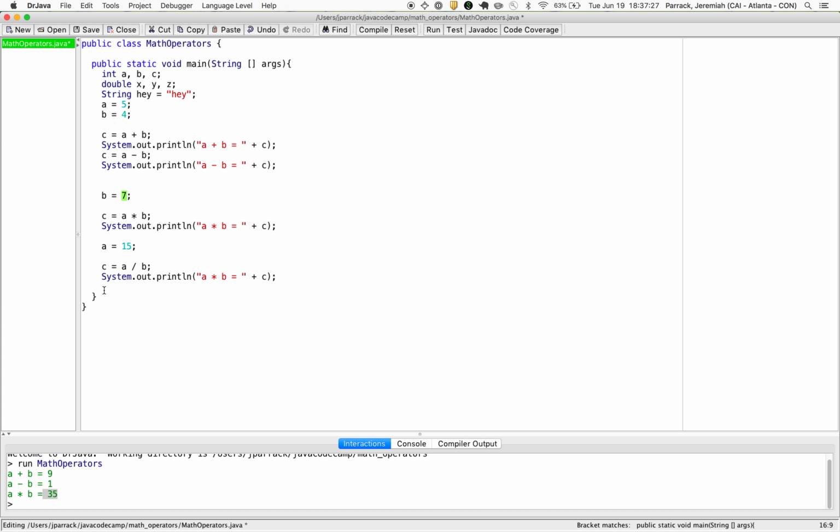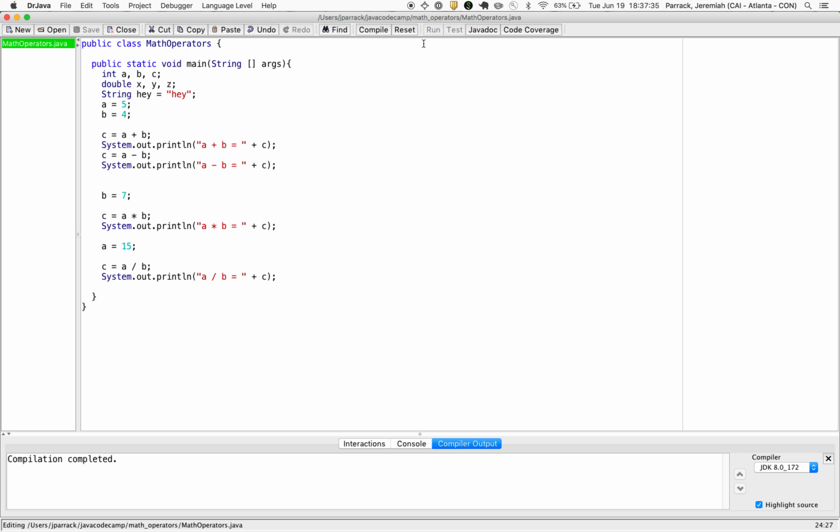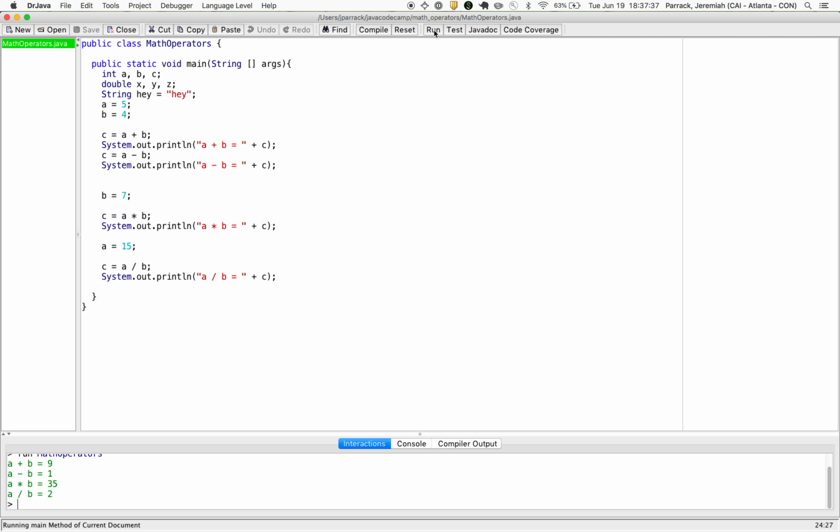What do you think the value of C is going to be? A divided by B equals 2. But 15 divided by 7 is not 2. It's 2 point something. I'm not exactly sure what it is.